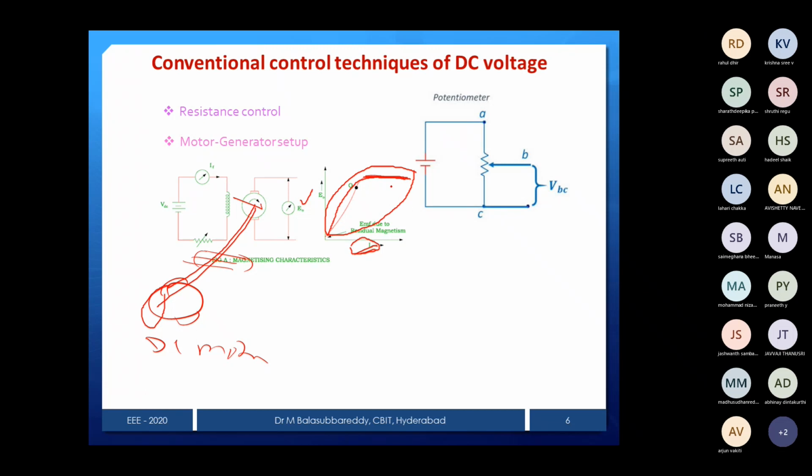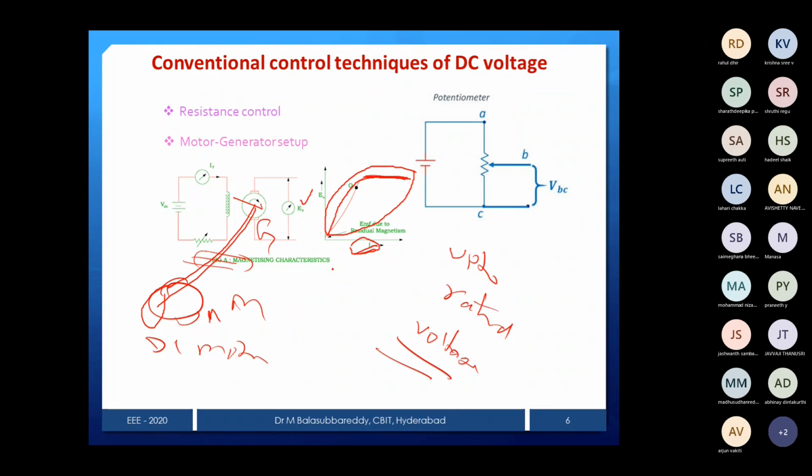To vary the output voltage, we are using a motor as well as a generator. Two machines we need to use, and then we get only up to the rated voltage. Beyond rated voltage, it is not possible.